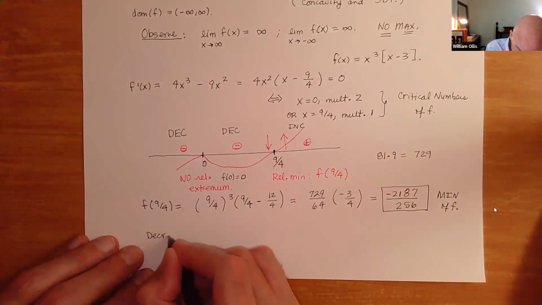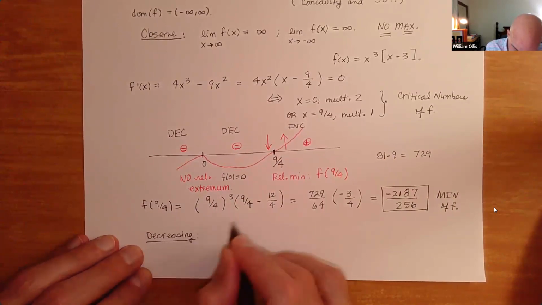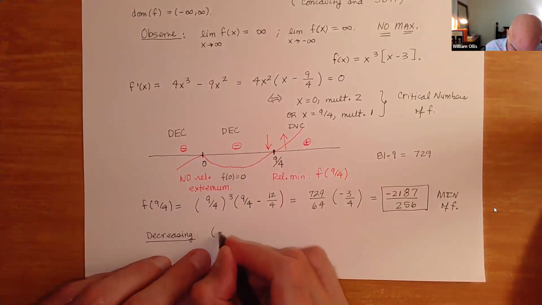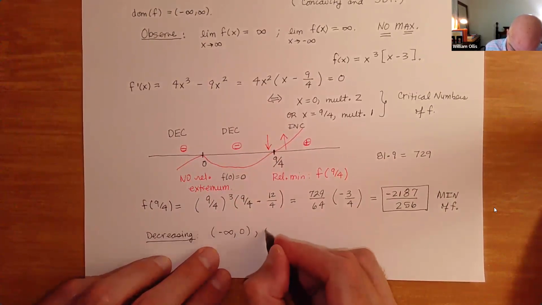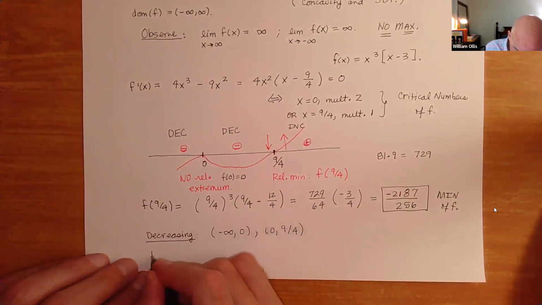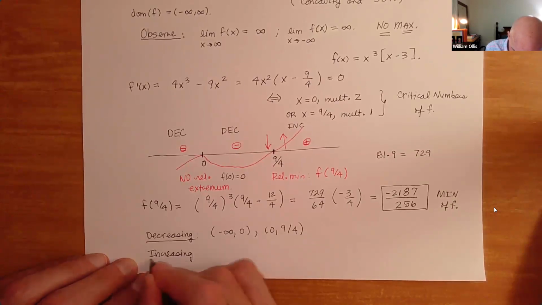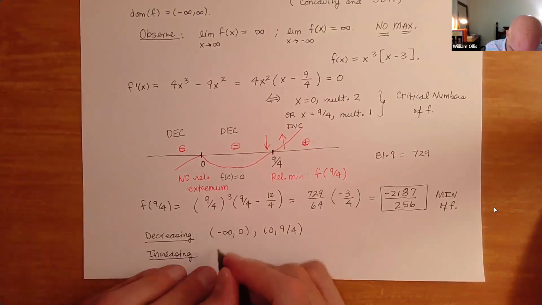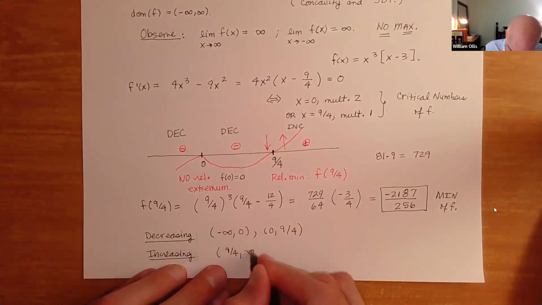Just go ahead and write down the open intervals of decrease. Just for review, negative infinity to 0, and then of course 0 to 9/4, and then increasing. We'll just have what? 9/4 to infinity.